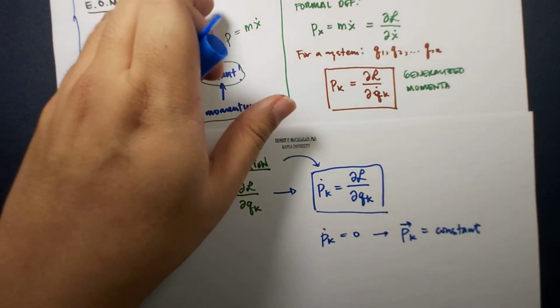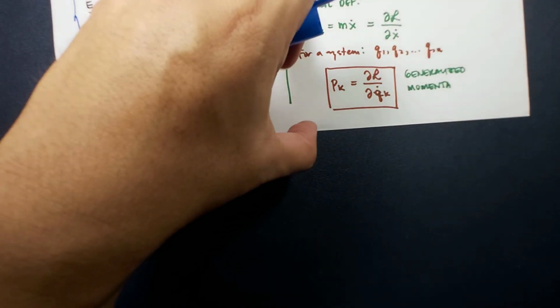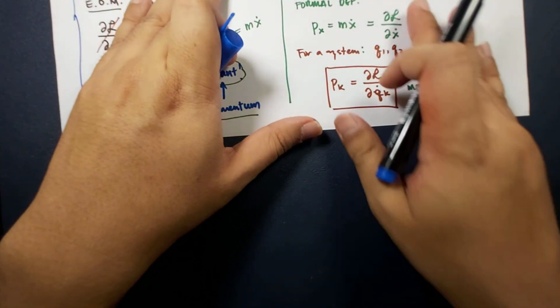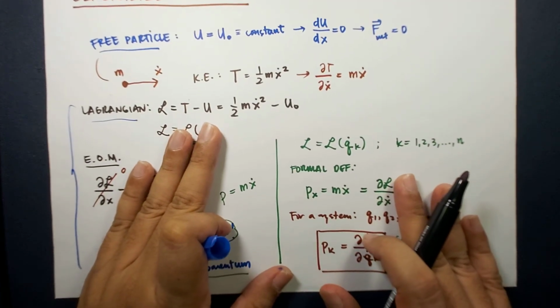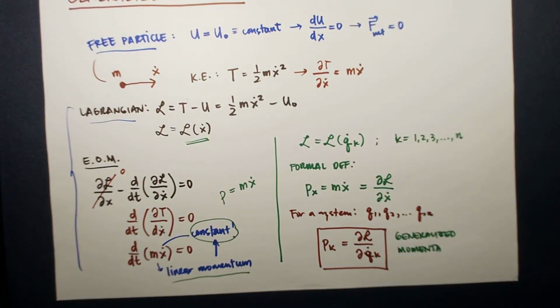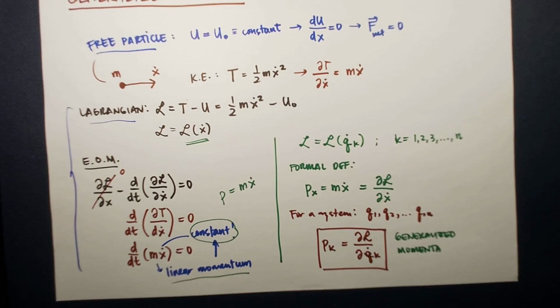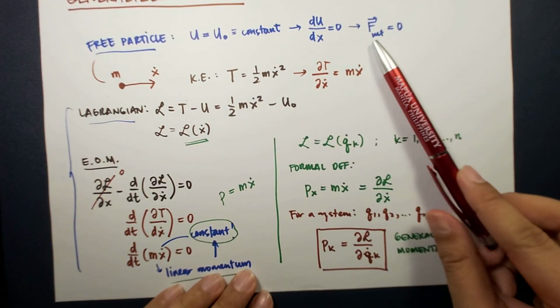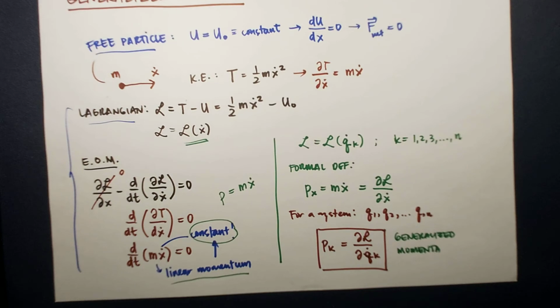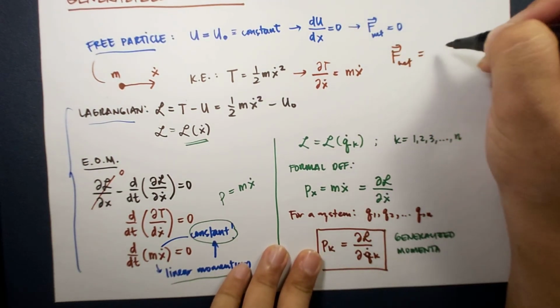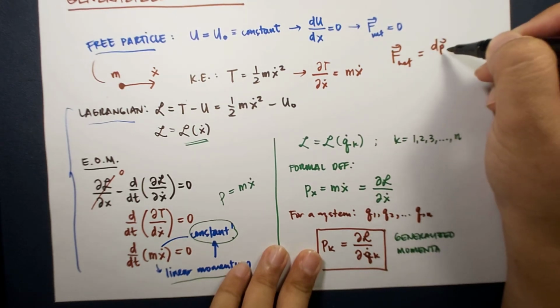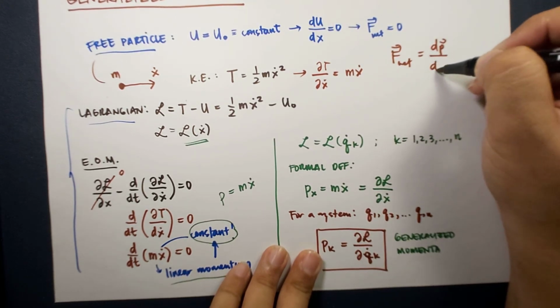Also, this is very consistent with our earlier discussion in Newtonian mechanics, that when the particle experiences zero net force, we know that the net force from Newton's law is the derivative of the momentum of your system with respect to time.